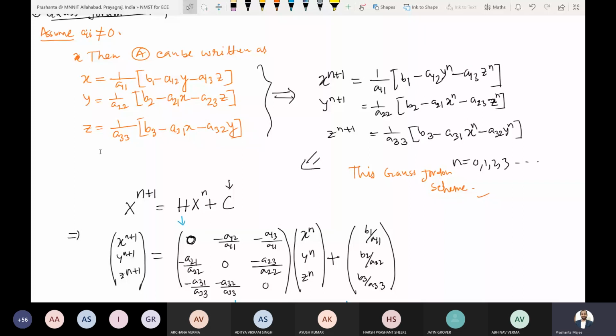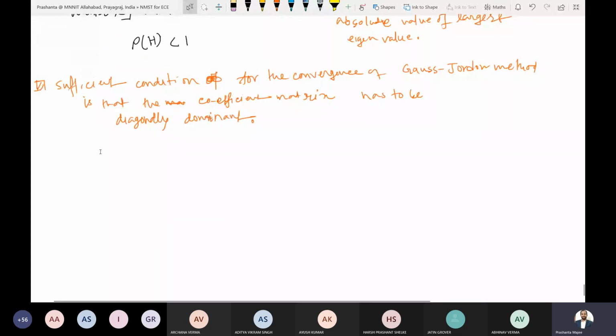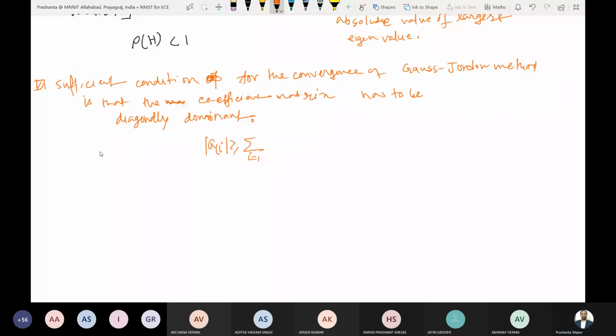If that is happening for all the rows, then that coefficient matrix is called diagonally dominant. So in mathematical form it should be |aii| greater than or equal to the summation over j equals 1 to n, j not equal to i, of |aij|, for all i equals 1, 2, up to n. How many rows are there?